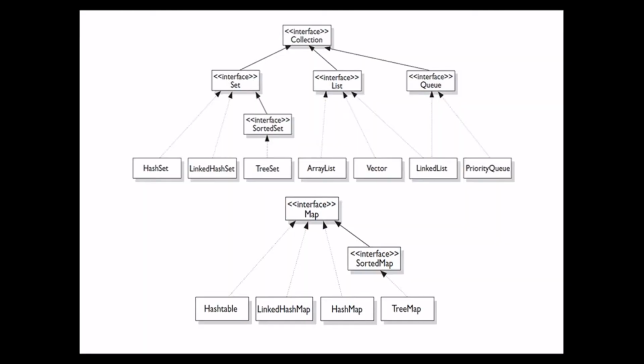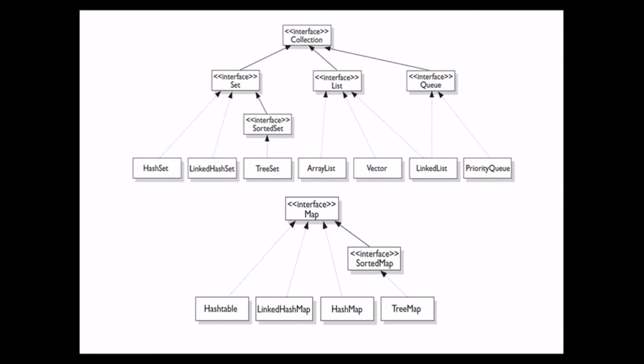Now let us look at the list interface. What is this list interface? The list interface extends the collection to define an ordered collection with duplicates allowed, so we can actually have duplicate objects in this collection. The list interface adds position oriented operations as well as enables the user to traverse the list bidirectionally.